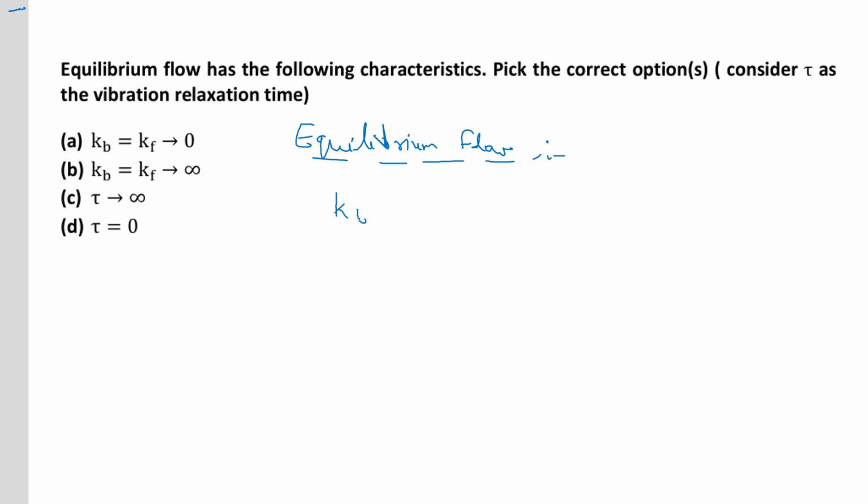For this to happen, the chemical reaction rate should be infinite, and the vibration relaxation time should also be equal to 0. So the correct option will be option B, Kv equal to Kf tends to infinity and tau equal to 0. We'll see the next problem.